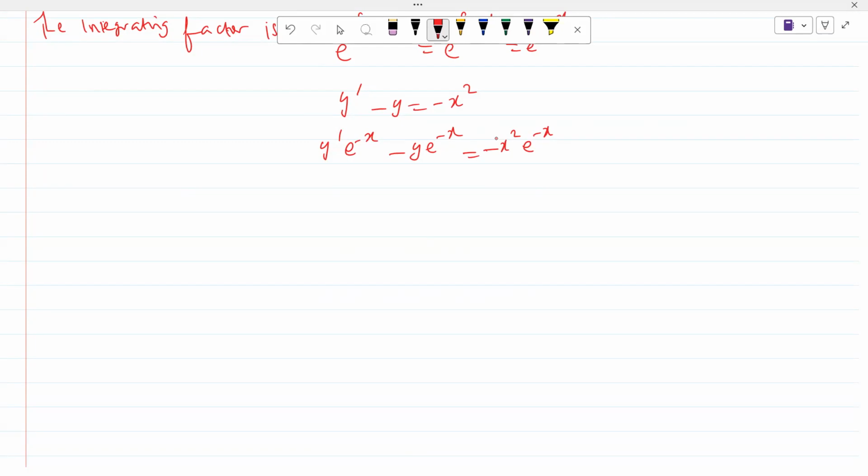To integrate, we can write this as: e to the minus x equals y e to the minus x minus x squared e to the minus x.